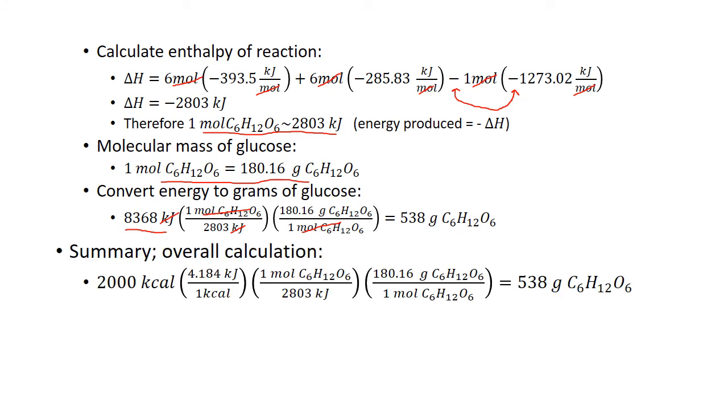To summarize, sometimes we like to do calculations like this all in one step. The first step was converting the 2,000 kilocalories into kilojoules. The second step, converting kilojoules into moles of glucose. And the last step, moles of glucose into grams of glucose to get my answer, 538 grams of glucose.